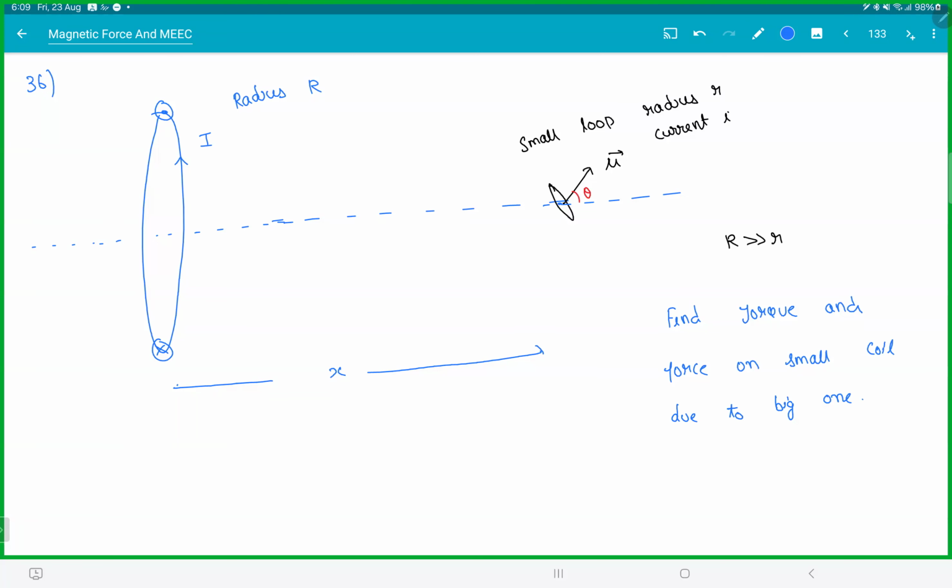Find the force and the torque at this instant. x and theta are given. x and theta are variables. How do we do this?